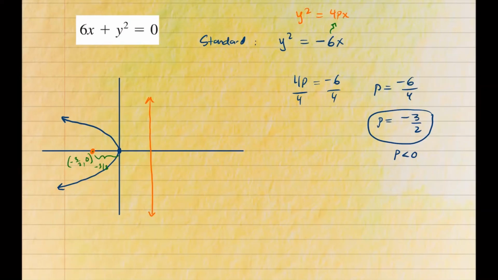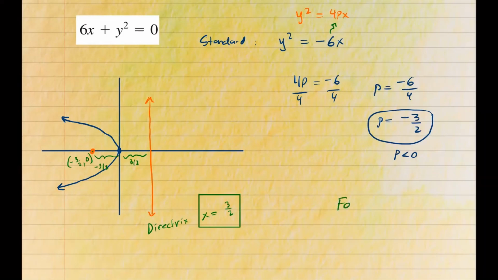That means this directrix is going to be 3/2 distance from the vertex. So our directrix will have the equation x equals +3/2. So those are the information I can write down.